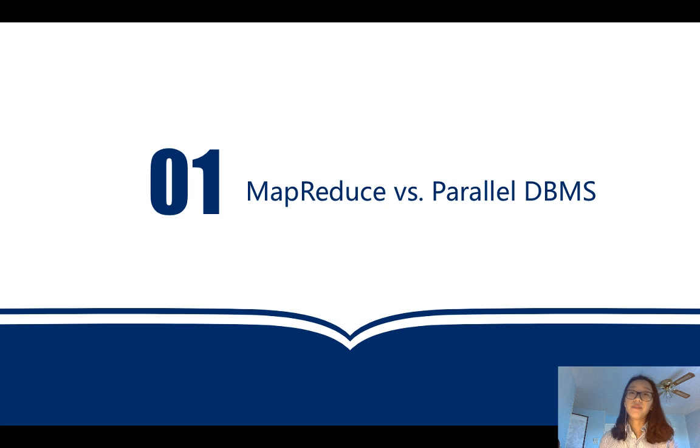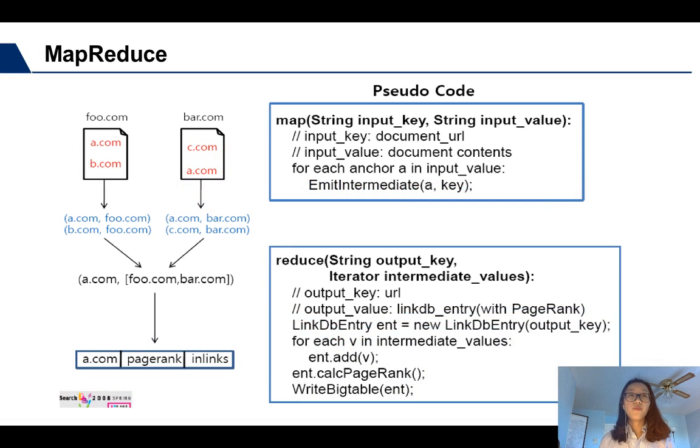MapReduce and the parallel DBMS. First is an introduction to MapReduce. MapReduce is really a simple system. A MapReduce program consists of only 2 functions. We can see the pseudocode. One is a map and one is a reduce.